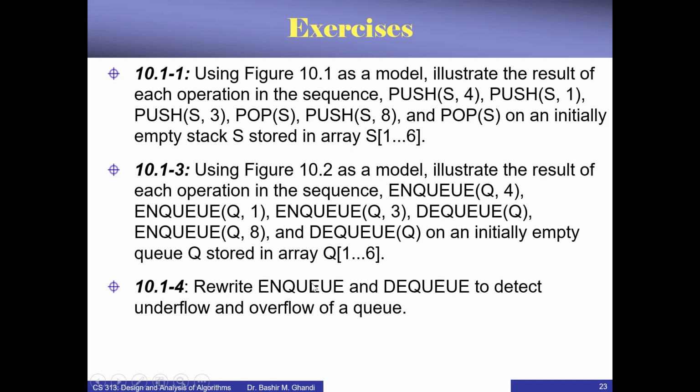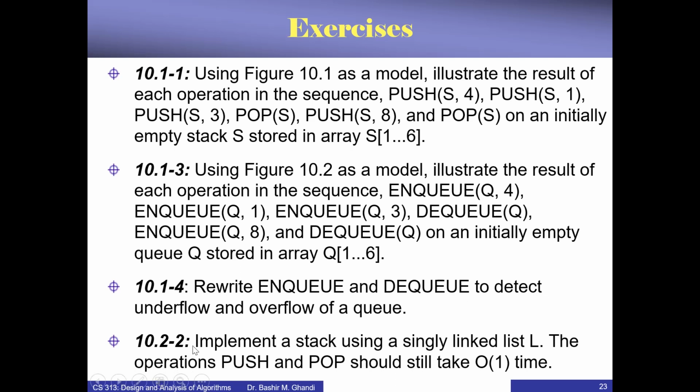Obviously when you are enqueuing, since we are doing it with an array, there is a possibility that the queue is full. So what modification do you have to make to the enqueue operation to take care of this? And similarly for the dequeue.